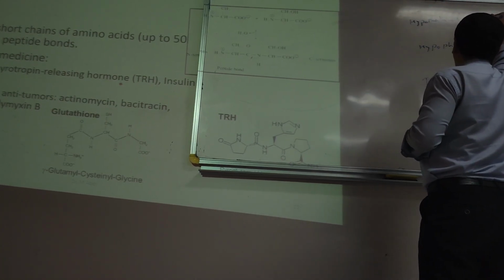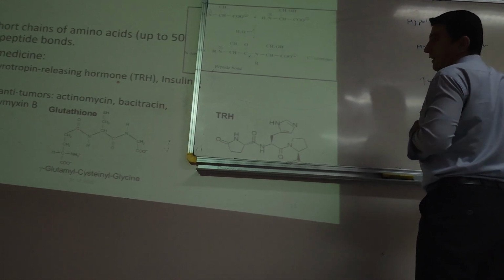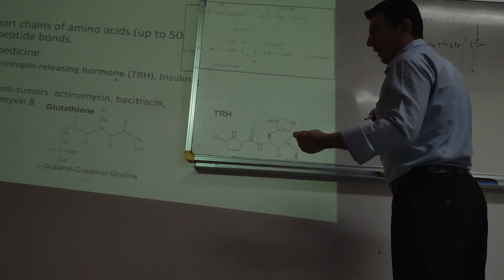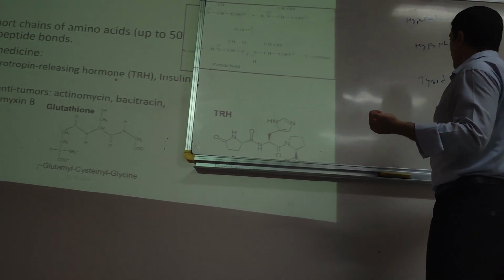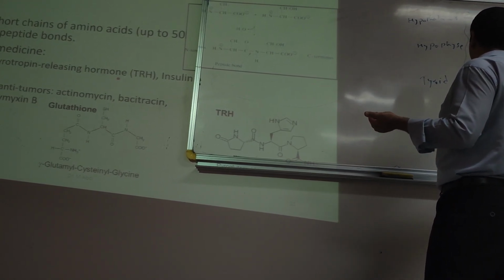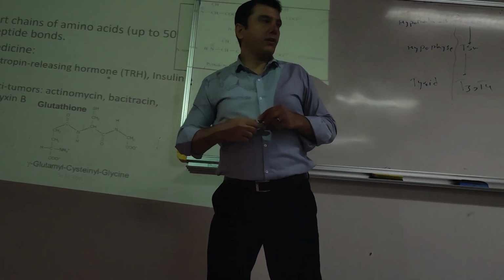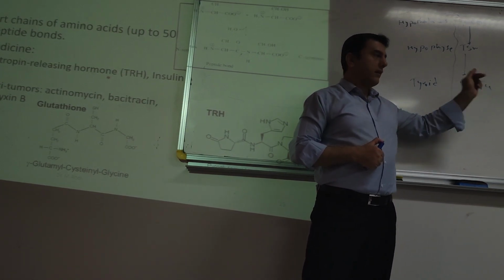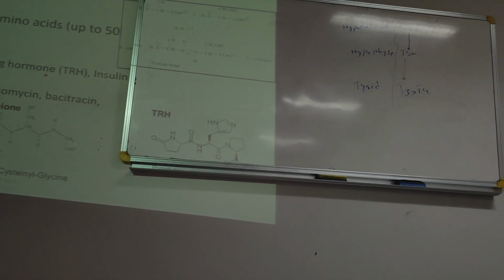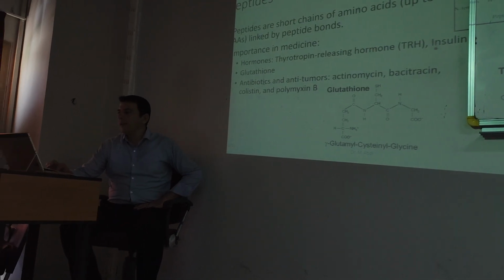We have TRH in hypothalamus, which stimulates TSH in hypophyse, and TSH impacts our thyroid and stimulates this gland to produce T3 and T4, or thyroxine. Another hormone which is a peptide is insulin.